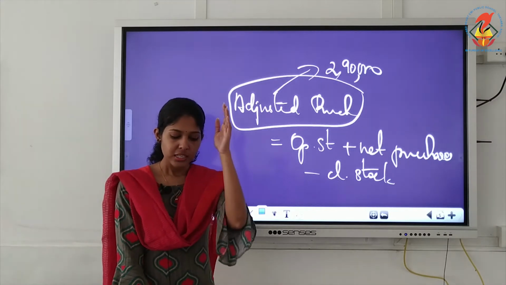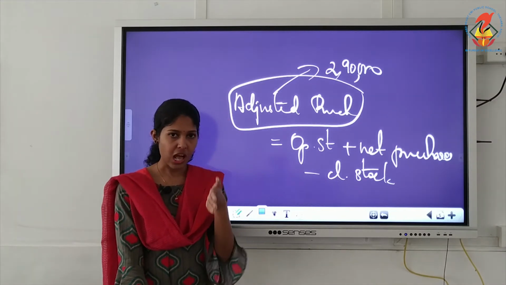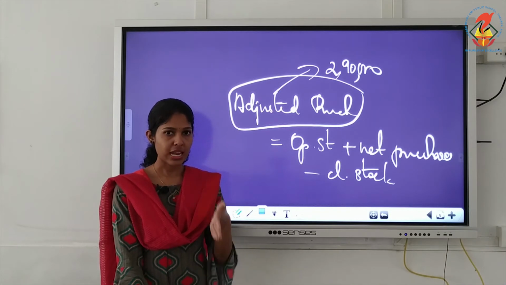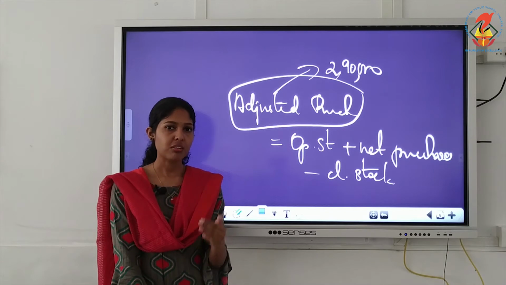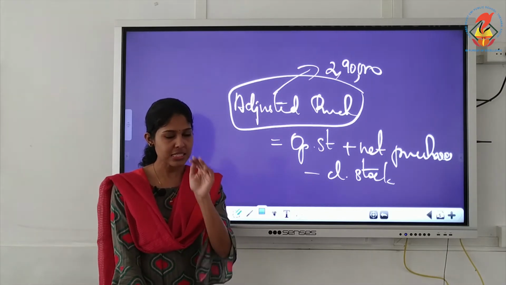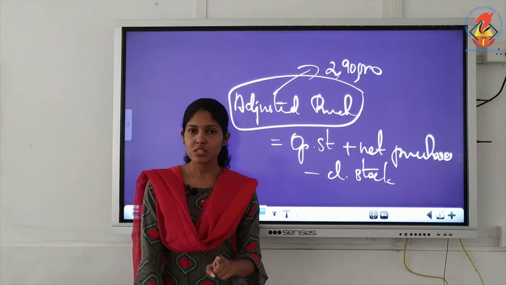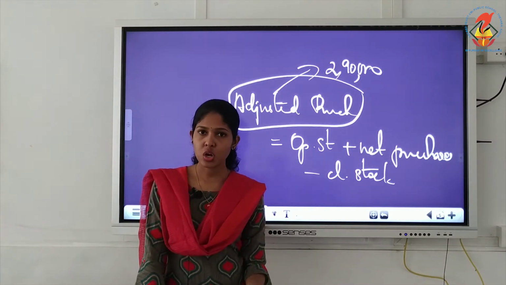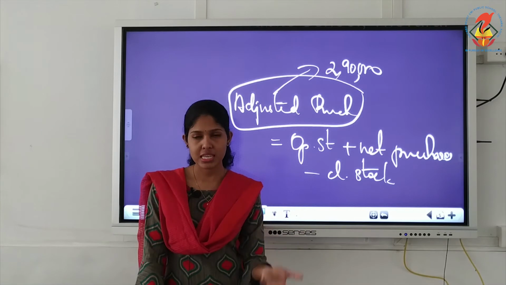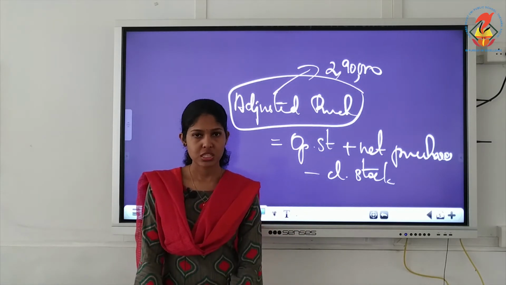You see the left side, the last item, did you see inside the trial balance? It is the closing stock. So, we know that when we see an item inside the trial balance, we need to write it only once. So, where will you write this closing stock? The basic nature is an asset. So, take it to the balance sheet. Understood?